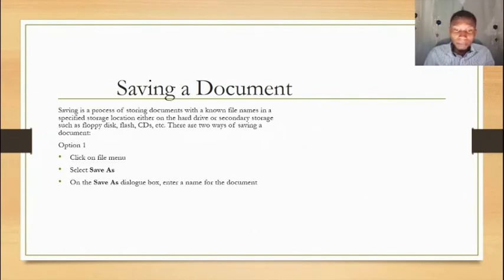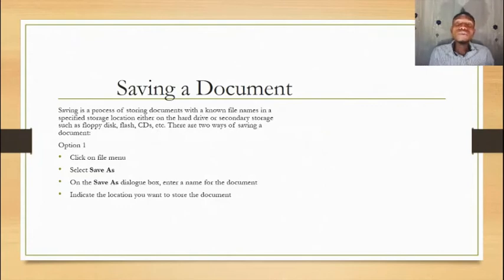After entering the name of the document, next you indicate the location where you want the document to be stored. You may want it to be stored on the hard disk. On the hard disk, you have different locations. You can store it in a Documents folder, you can store it on the Desktop folder, or in any location that will be easier for you to get back to it when you need it again.